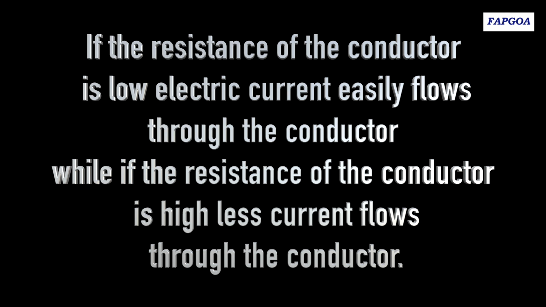If the resistance of the conductor is low, electric current can easily flow through the conductor, while if the resistance of the conductor is high, less current flows through the conductor.